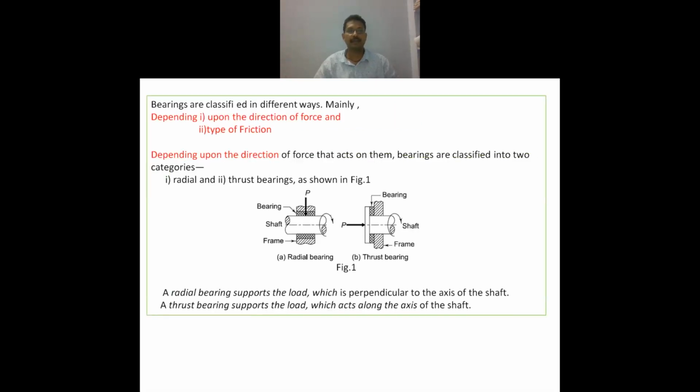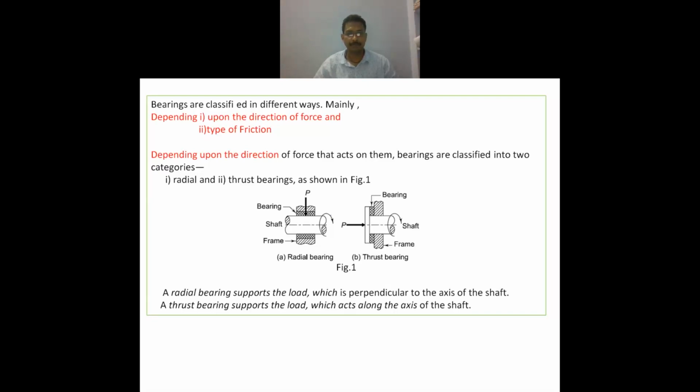Bearings are classified in different ways, mainly depending upon the direction of force and type of friction. Depending upon the direction of forces that act on them, bearings are classified into two categories. One is radial, the other is thrust bearing.